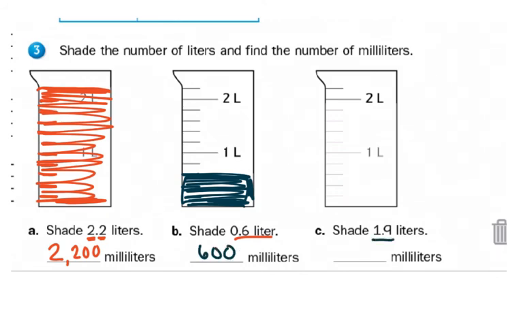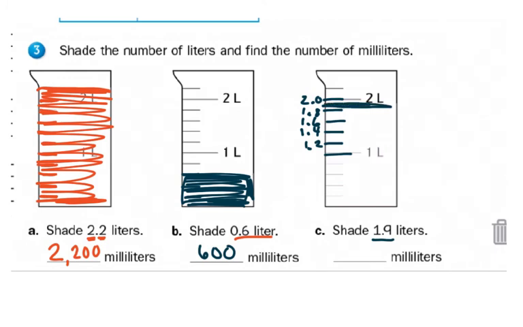And lastly, 1 9/10. So this would be 1 2/10, 1 4/10, 1 6/10, 1 8/10, and 2 wholes. So if you think about it, it has to be between 1 8/10 and 2 whole liters.